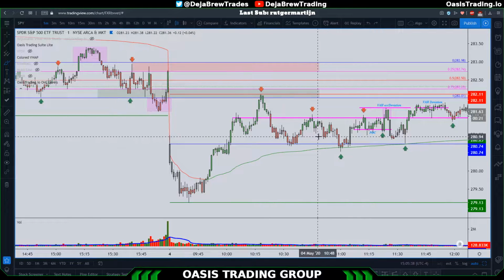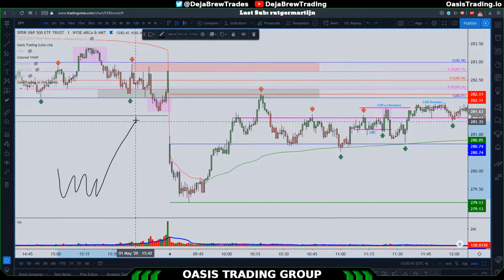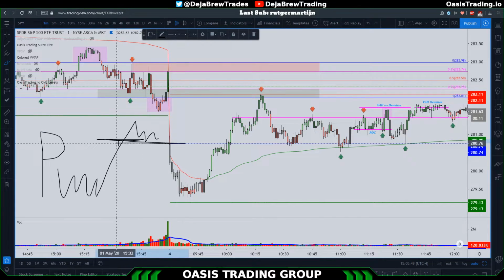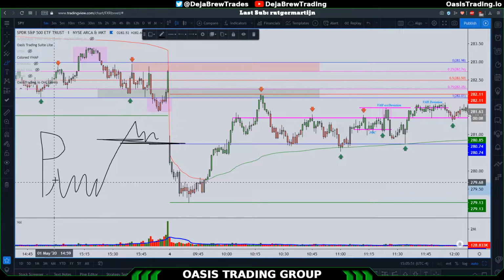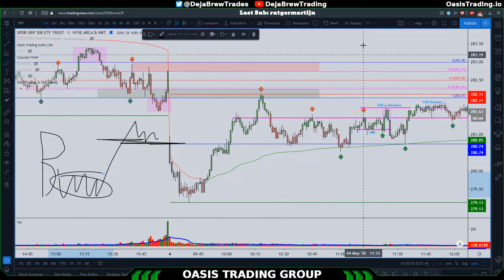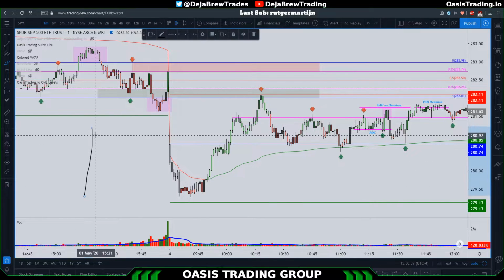So what do you normally see when you have that gap down? You have a little bit of volume, but then you shoot up. The volume profile is going to give you that P shape. Most of your volume is going to be towards the upper range, while you only have a little bit of volume towards that initial failure, right? So what do we know about P-shaped volume profiles?